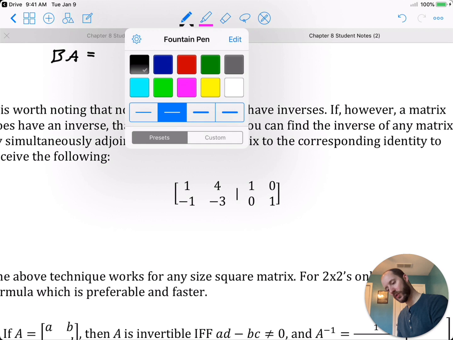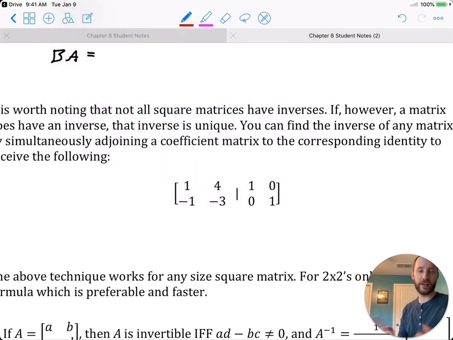Another way to find an inverse if you're not given one, so you're not verifying two inverses, but you're going to find an inverse, you can create an adjoining matrix. You're going to adjoin an identity, and then you're going to do row operations to turn the left side into an identity, and whatever happens to the right side happens.